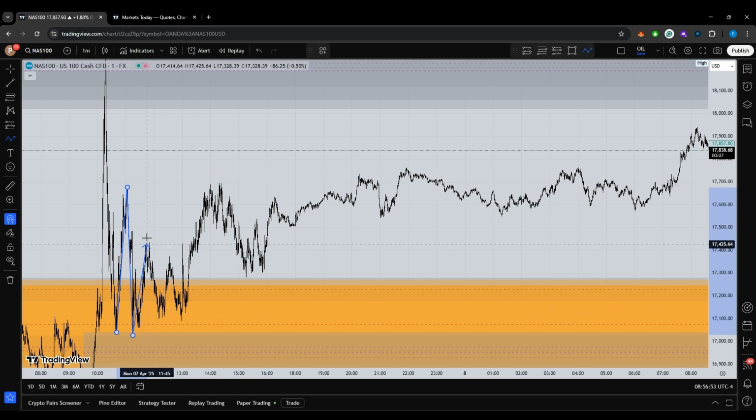Comes back, comes down, doesn't break the low. Still within the range of this leg. Goes back up, right? Goes back down, doesn't take the low. Goes back up, takes the high right here.